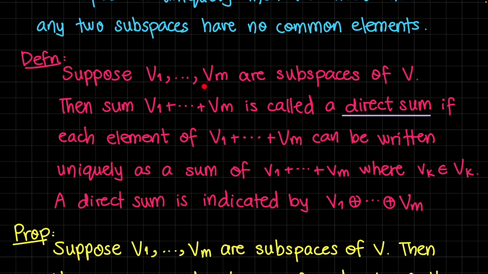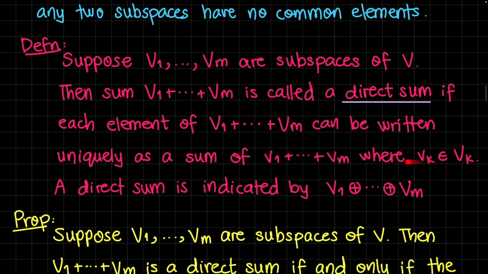So suppose V1 through Vm are subspaces of V. Then the sum V1 plus ... plus Vm is called a direct sum if each element of the sum of the subspaces can be written uniquely as a sum v1 plus ... plus vm, where vk belongs to the corresponding subspace Vk for all k going from 1 to m.